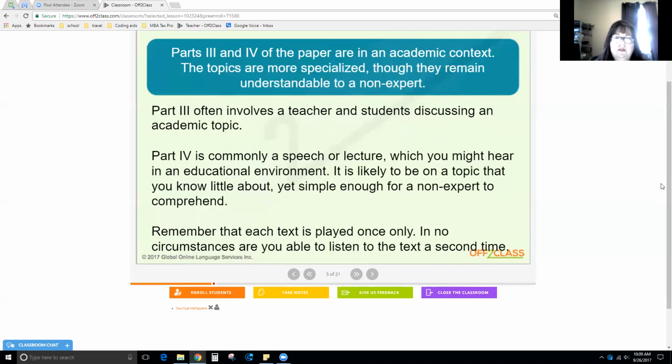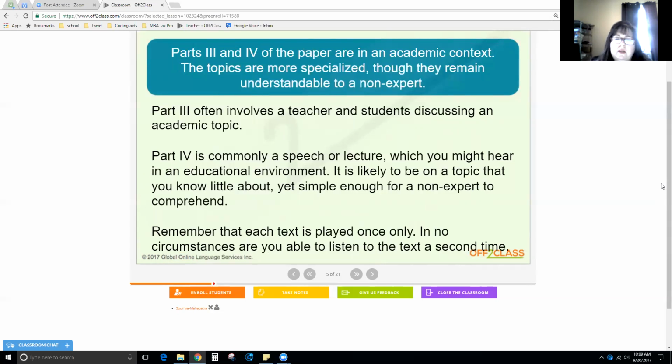But it does involve a teacher and students discussing an academic topic. And many of the people that take the IELTS have already been to universities, so they have had a lot of practice speaking on academic topics in their own language. So this will test your ability to convert that to English.